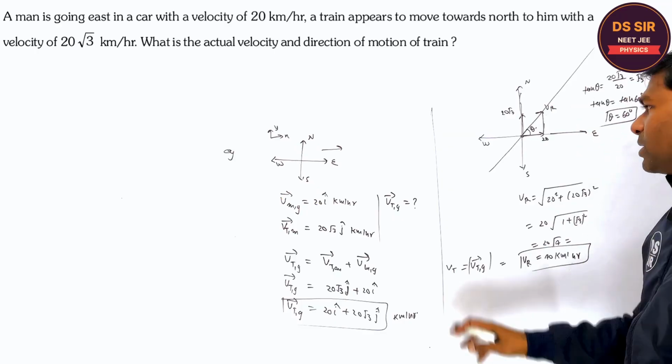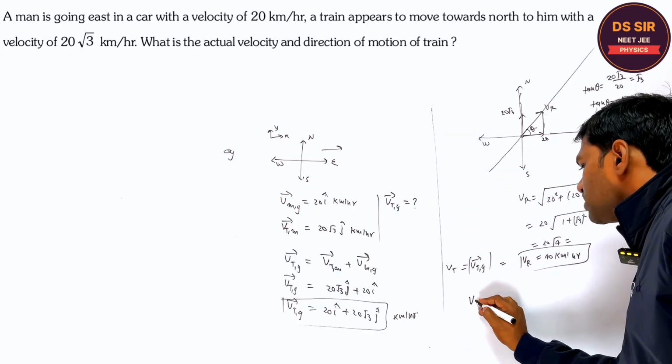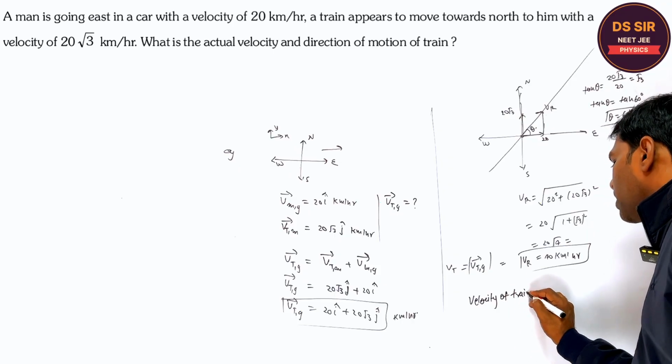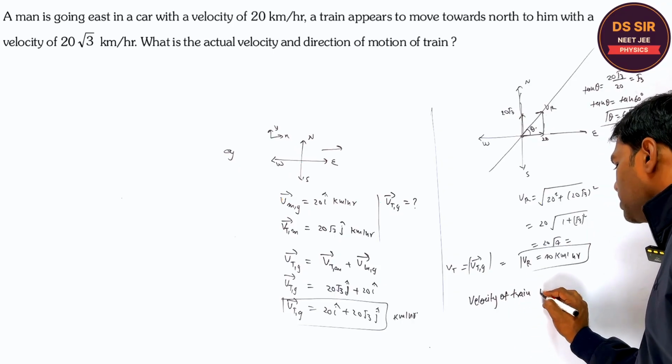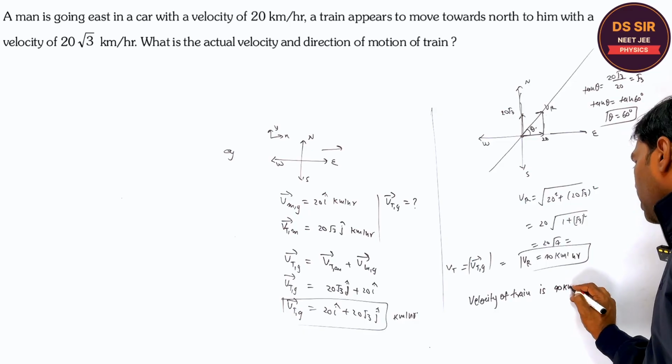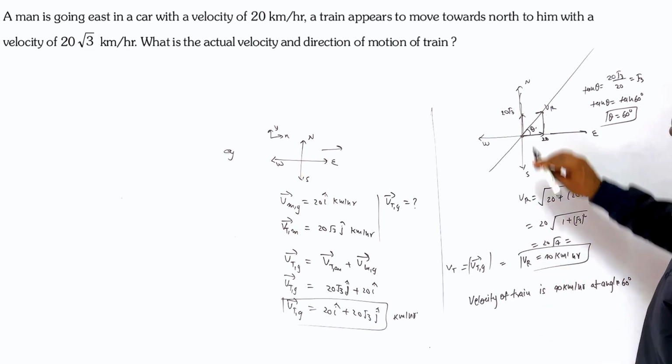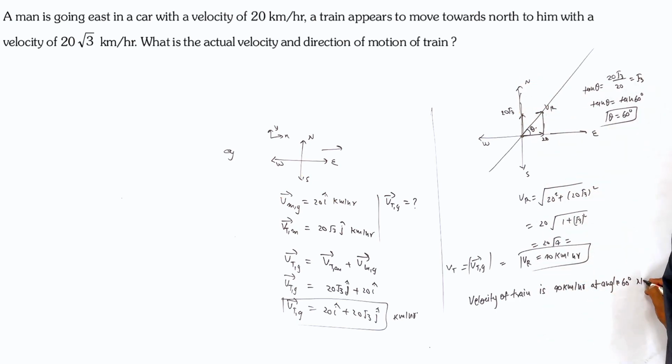So what will you write? The velocity of train is 40 kilometer per hour at angle 60 degree north of east.